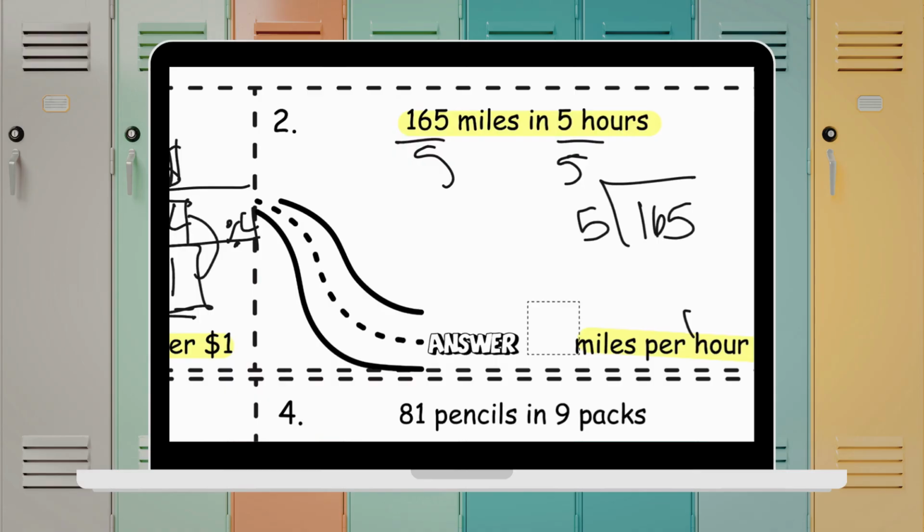The 165 goes on the inside of the tent, and the 5 is the divisor. 5 does not fit into 1, so I ask how many times 5 fits into 16. It goes in 3 times because 3 times 5 is 15. Then 16 minus 15 is 1. I bring down the 5, and 5 goes into 15 3 times evenly. So my answer is 33 miles per hour.